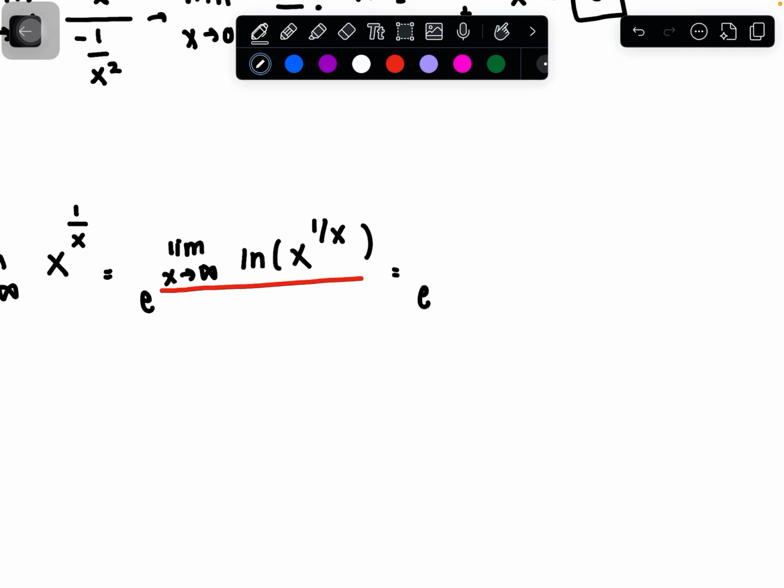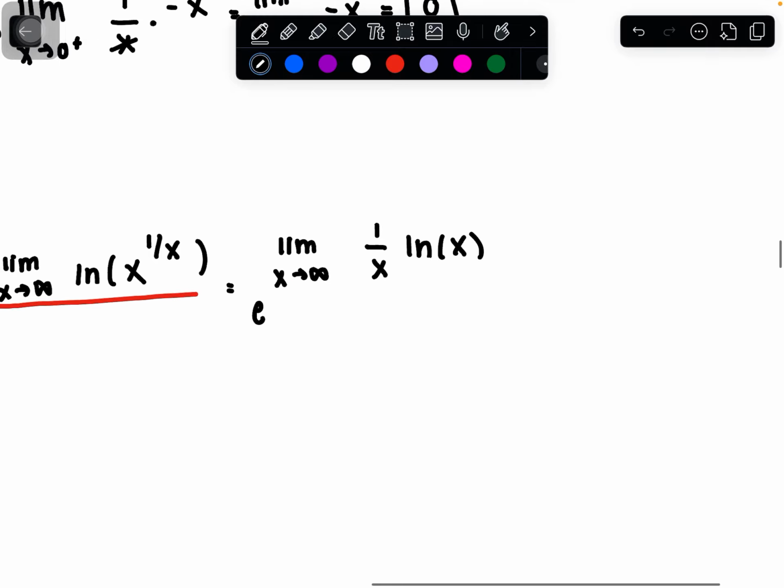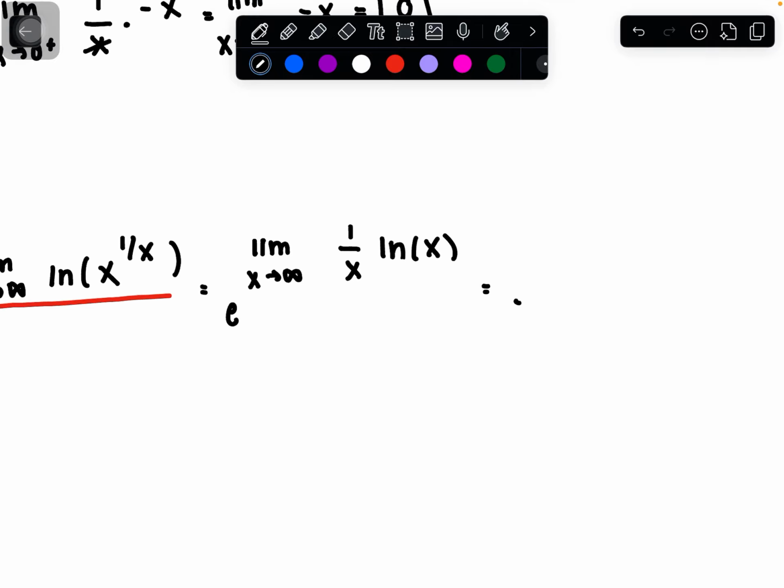So we're going to have e to the limit as x goes to infinity. We're just going to do algebra right now. We get 1 over x times ln of x, which is the same thing as e to the limit as x goes to infinity of ln of x over x.